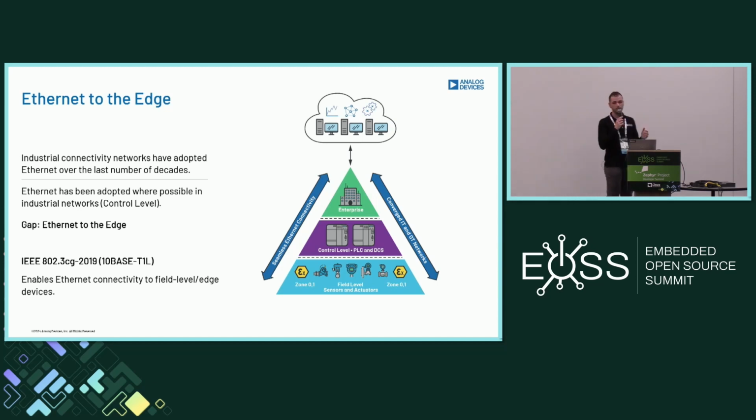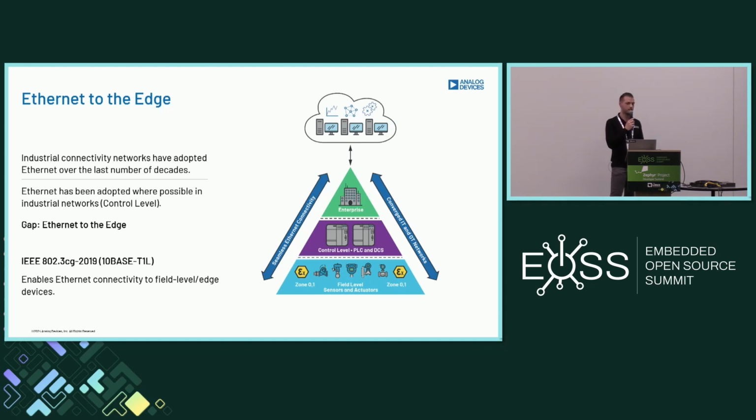Industrial networks play a very important role in facilitating this. Over the last number of decades, Ethernet has been adopted in these industrial networks where possible as a standardized communication technology. While Ethernet has been adopted primarily at the backbone of these networks, at the control level and the enterprise level, as you see on the slide here, a gap existed in bringing Ethernet to the edge.